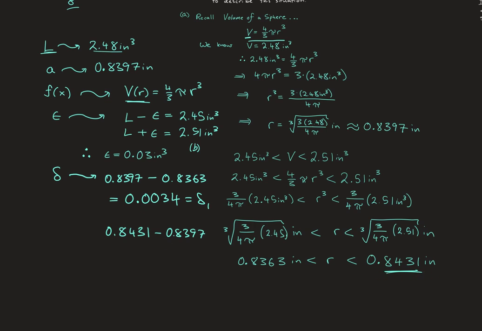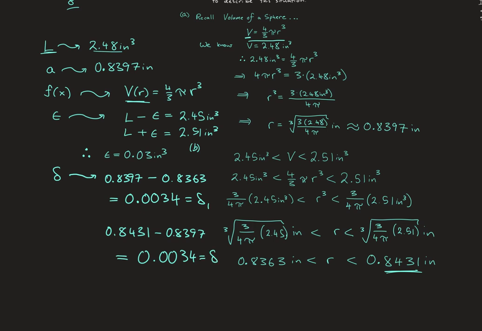I started with that one, and then I took off the ideal R. Let's see what this is. 0.8431 minus 0.8397. And they are, oh my gosh, they're the same. How is that possible? It's probably due to rounding. That's kind of cool, though. 0.0034, and that is our choice for delta.